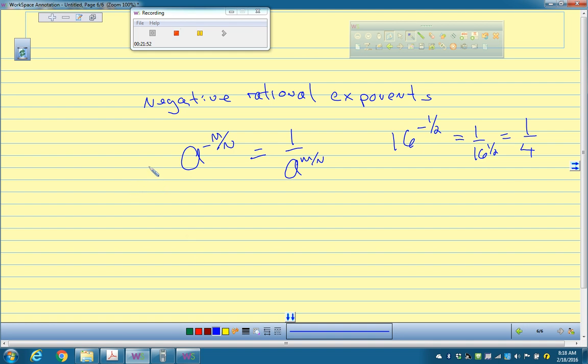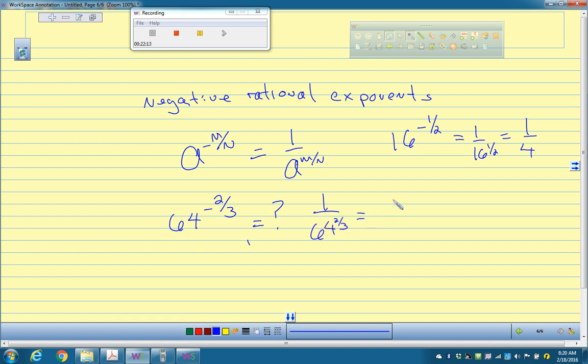So if I have something like 64 to the negative 2/3 power, I'm going to let you guys try this one. First, you can rewrite this as 1 over 64 to the 2/3 power.